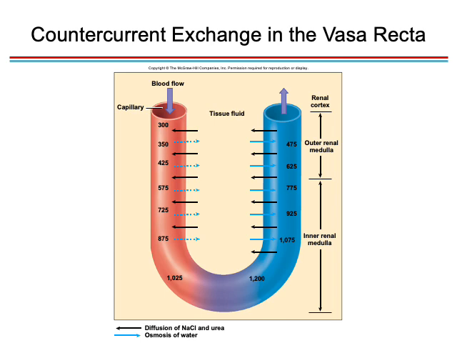Again, this is showing you the vasa recta. As the blood flow occurs, it is picking up salts and then releasing salts, or actually gaining water as it moves into and out of the medulla.